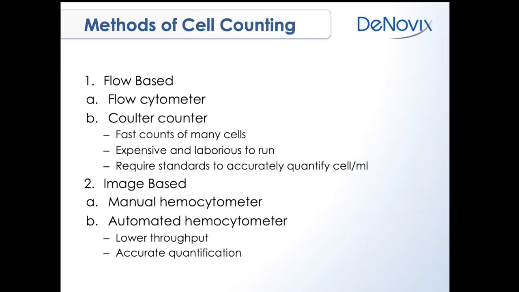It's going to take a lot of time just to get a run for a really simple number that you can get a lot easier using our second method, which would be the image-based cell count, either a manual hemocytometer or an automated hemocytometer. These are much lower throughput, of course, but if you're looking to get an accurate cell per mil count for going into the next step of an experiment, seeding a plate, seeding a flask, something like that, this really is going to be your quickest and most accurate way to do it.